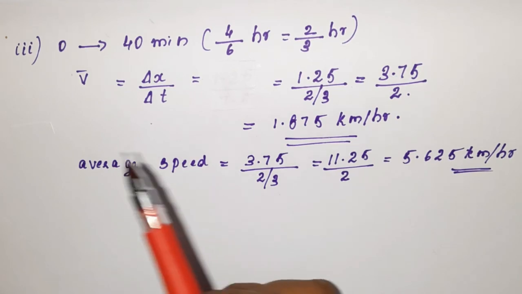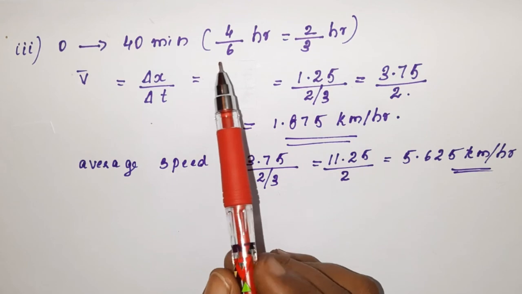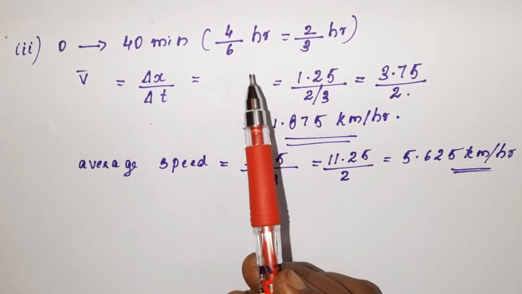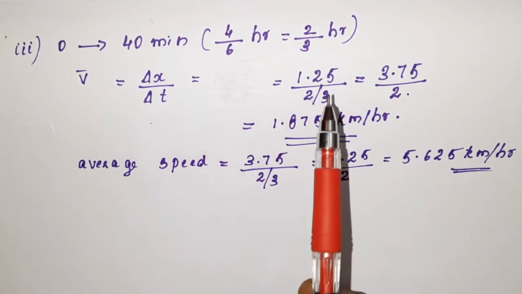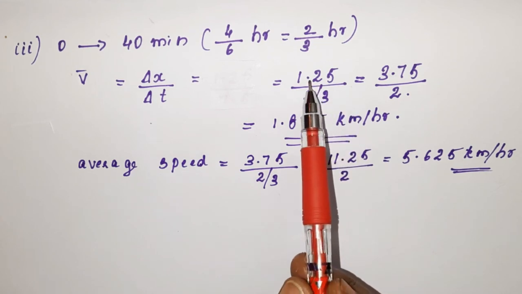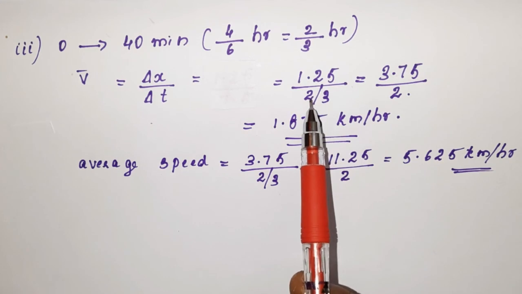For the third time duration, 0 to 40 minute is 4 by 6 hour, that is 2 by 3 hour. For finding average velocity, the displacement is half the distance between home and market, that is 1.25 kilometer. Time taken is 2 by 3 hour.